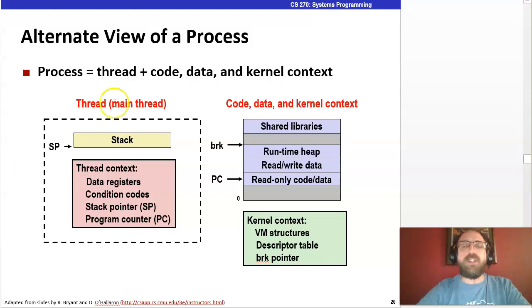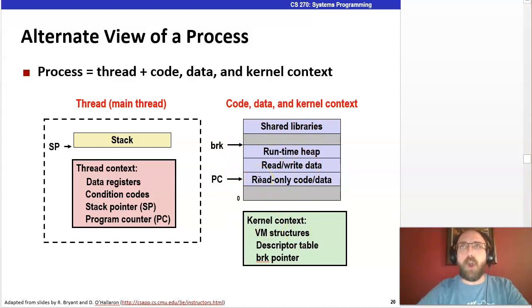And then when we do that, it's possible for us to have multiple threads, so multiple virtual CPUs or threads of execution, multiple things running at the same time, all using the same code, the same data, the same kernel context.